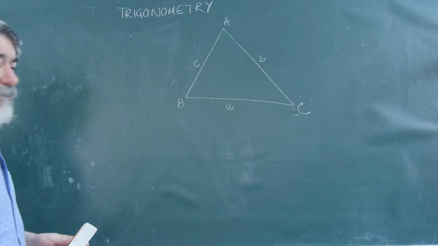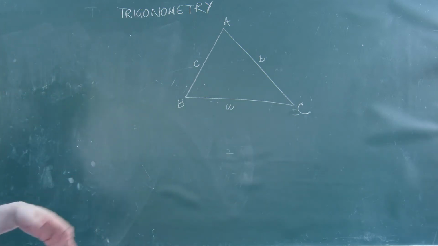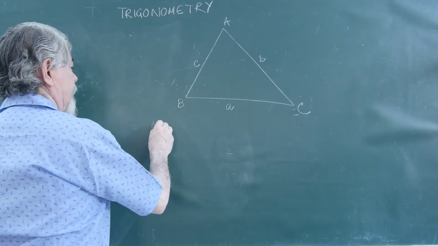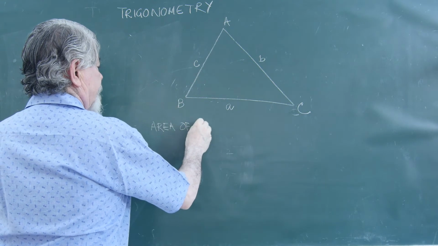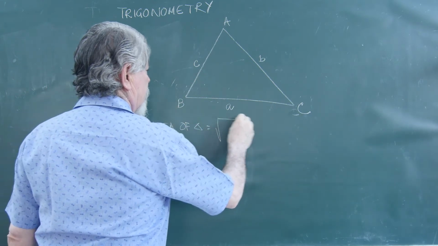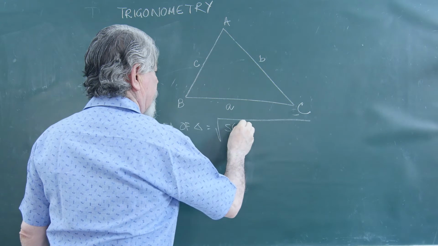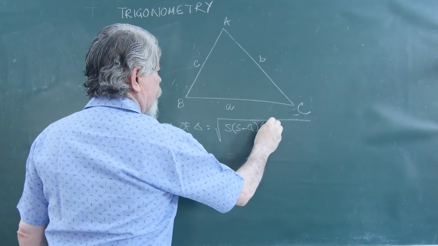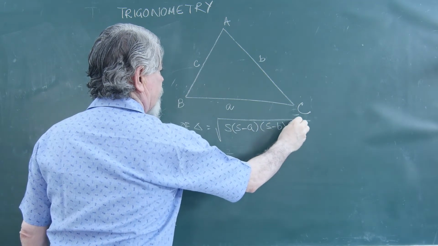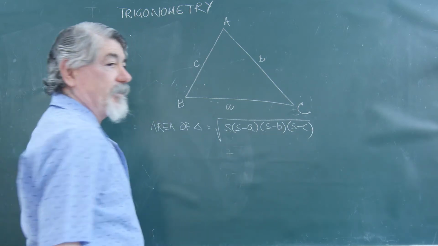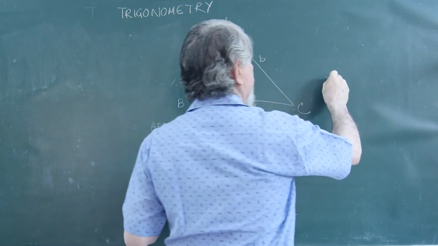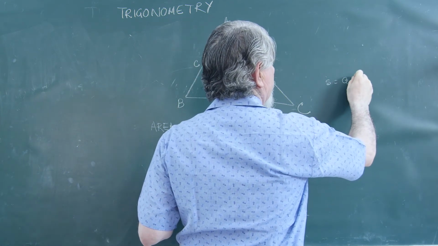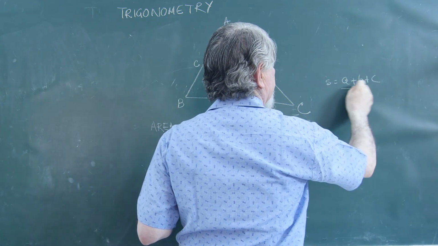If I talk of the area of this triangle, a very general formula is area is square root of S into S minus a into S minus b into S minus c, where S is the semi-perimeter, which is a plus b plus c upon 2.